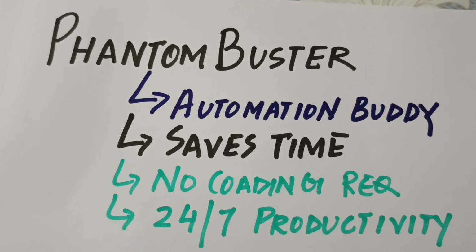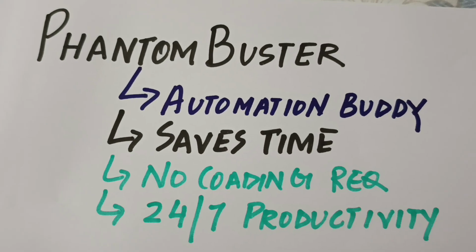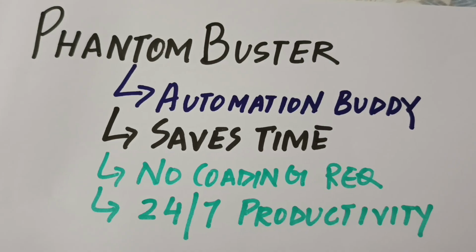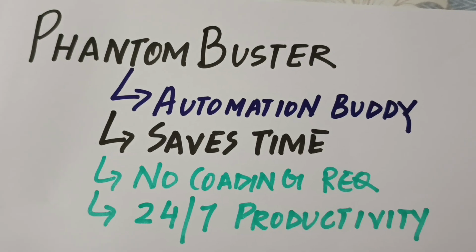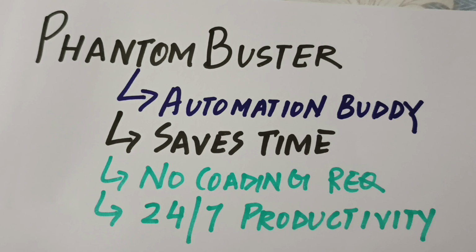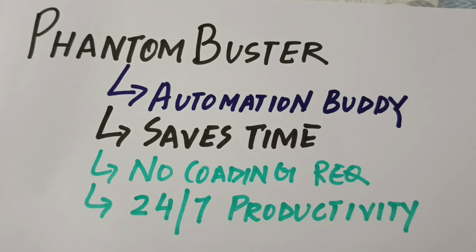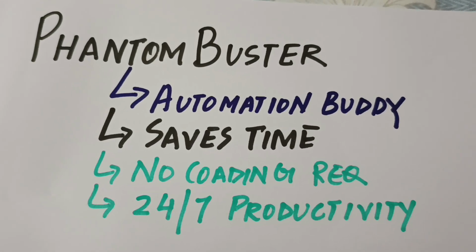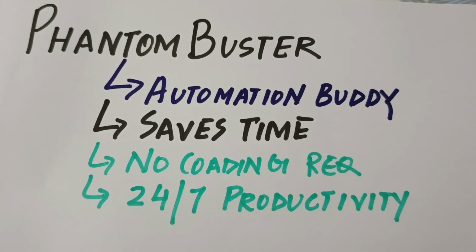Okay, so what exactly is Phantom Buster, guys? Phantom Buster is an automation platform that helps you carry out tasks on the internet automatically. Essentially, you could think of it as a digital assistant who could log into websites for you, collect information, derive the insights and help you make informed decisions.